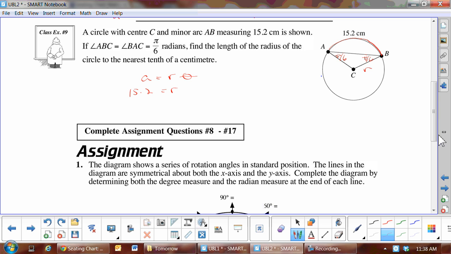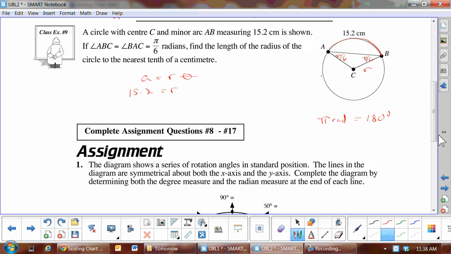What is a synonym to pi? 180 degrees, right? Actually, I should be very specific and say pi radians is 180 degrees, right? Remember, pi equals 3.14159, 3 of them, and then that little chunk.